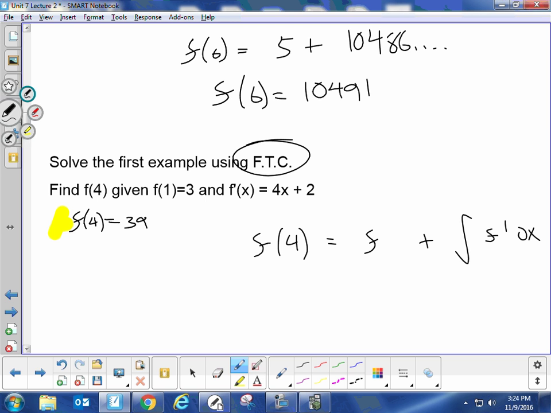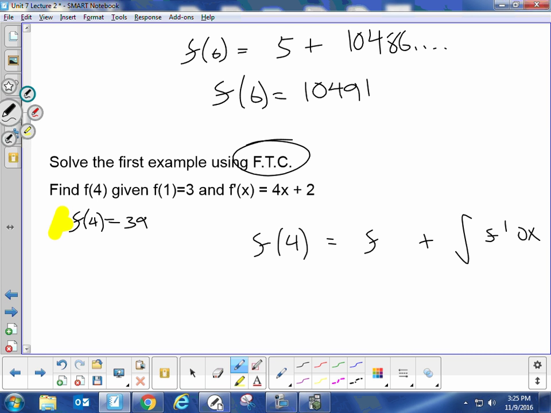So do the integral with the 4x plus 2, then add 3. Piece of cake, right?